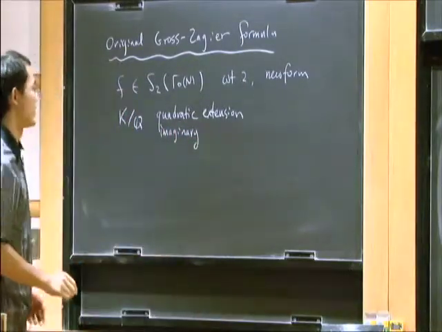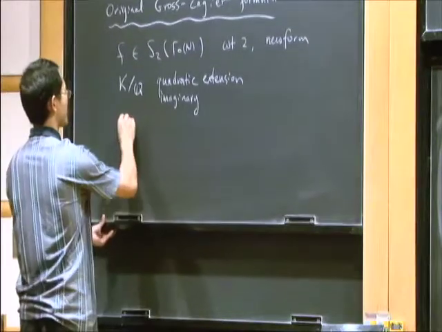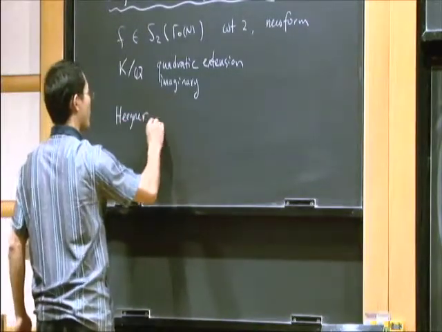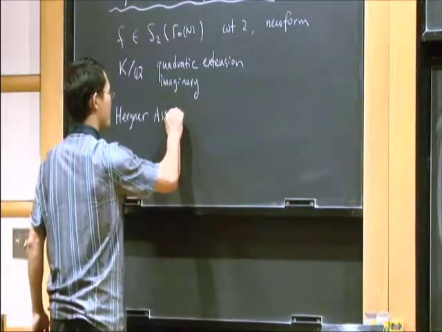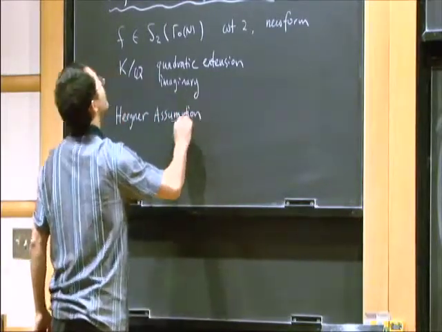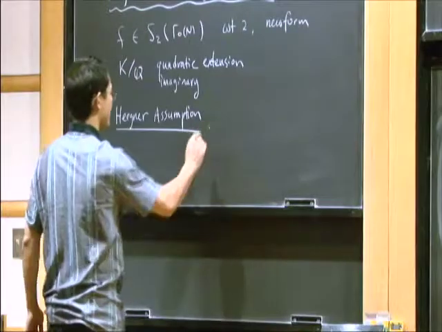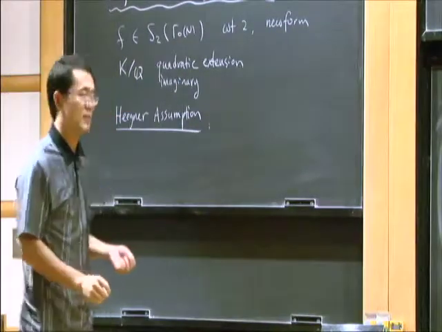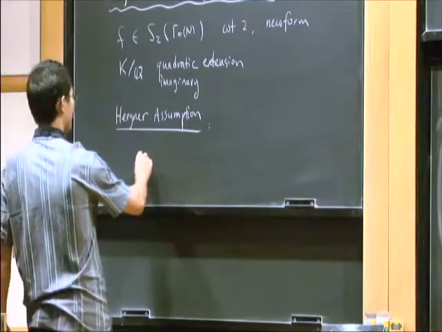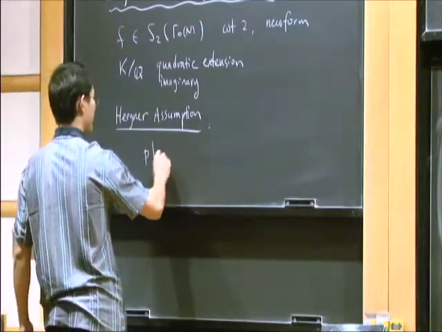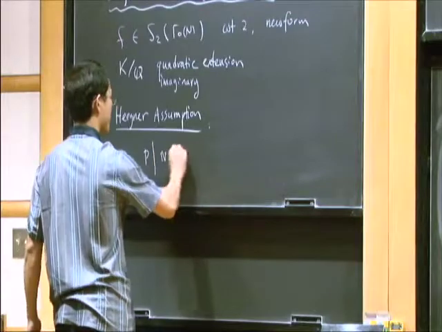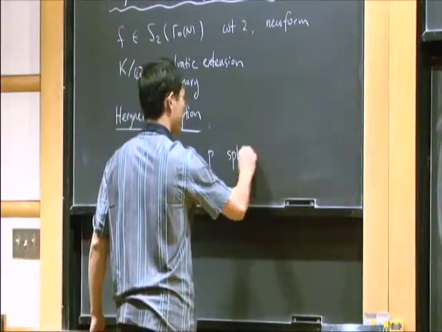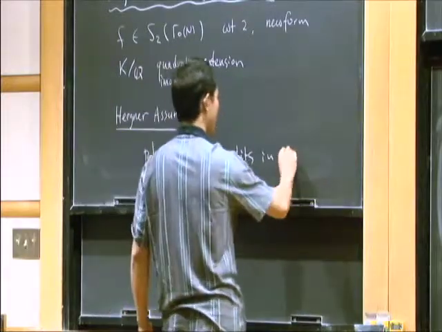And we assume this Heegner assumption. It says every prime factor p of N splits in K: if p divides N, then p splits in K.